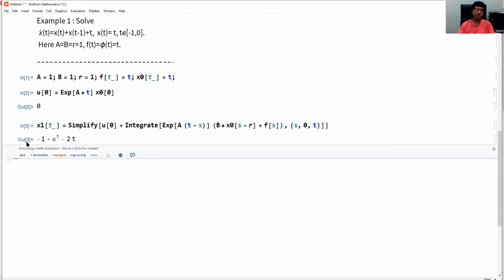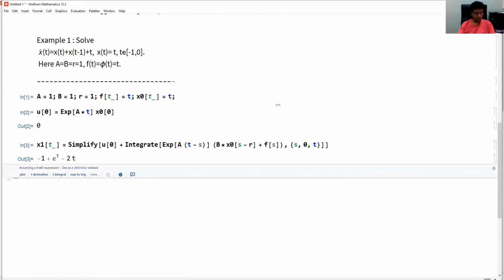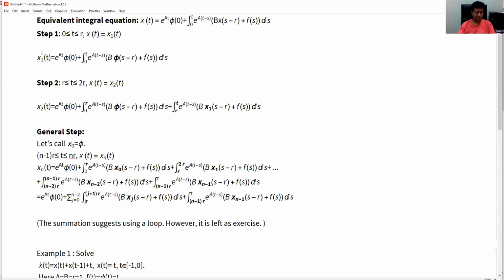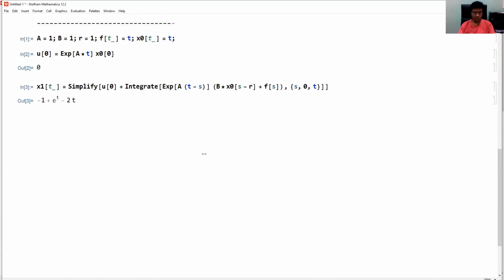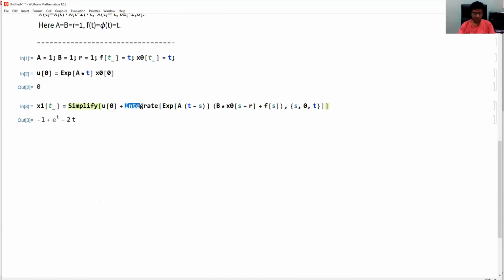So this is our first term. Now we are going to find x2 of t. For x2 of t, the first term is u0. Here we are using the same integral but a different limit. So we can copy and paste this thing.